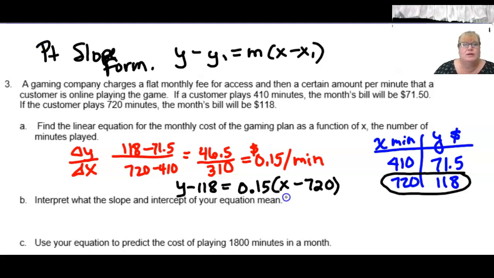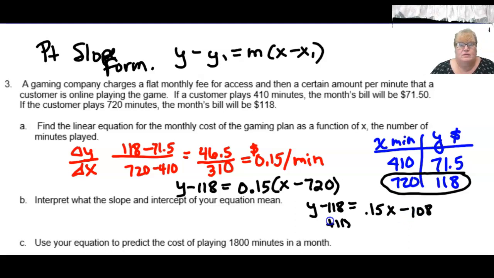Okay, now it says we want the equation in terms of cost, which is y. So let's do a little distributing here. Y minus 118 equals 0.15x minus 108, plus 118.